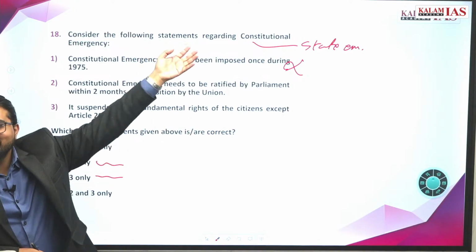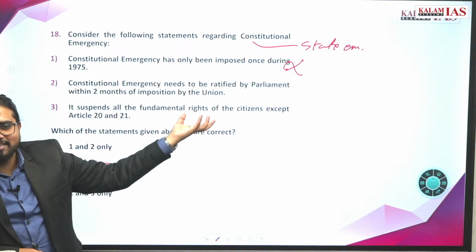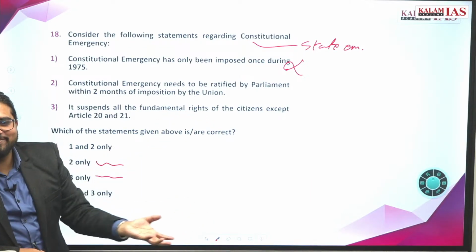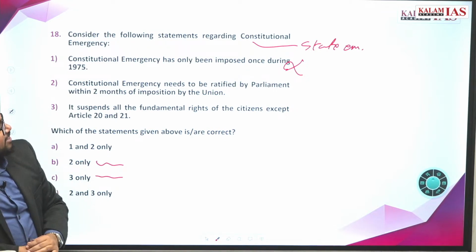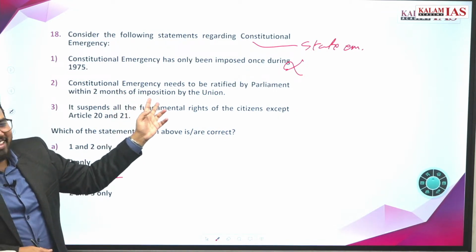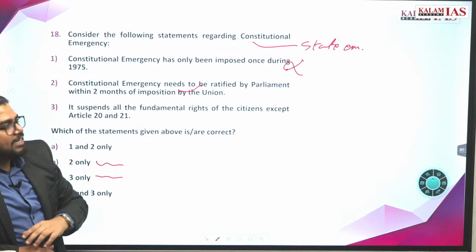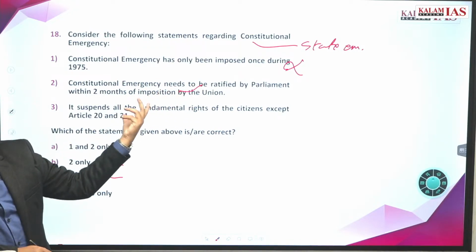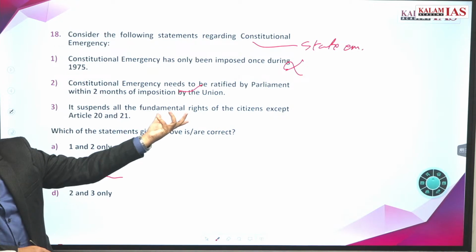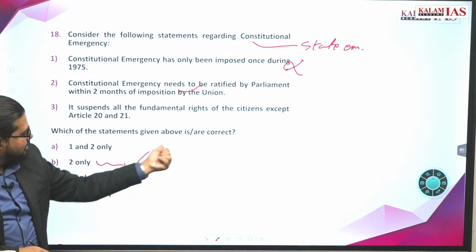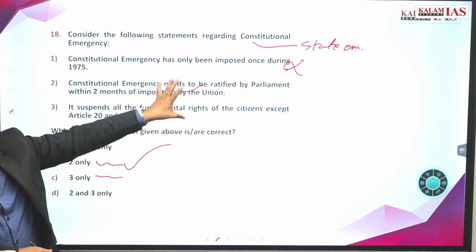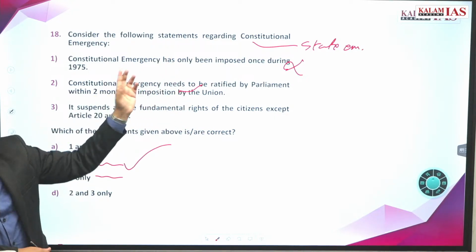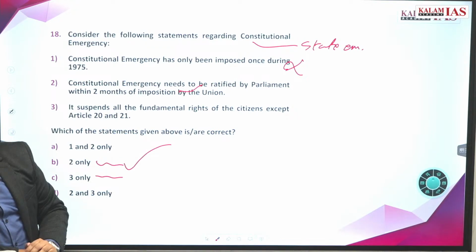You are all speaking of national emergency, all these aspects. Come to Lakshmikant basics. Second statement is correct. State emergency should be approved by both houses of parliament within 2 months. So our option here is B. The only confusing part in this question is you have to take it as state emergency, not as national emergency.